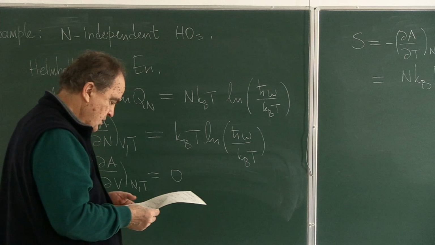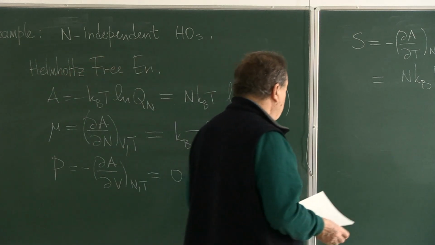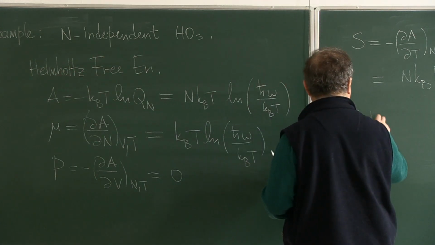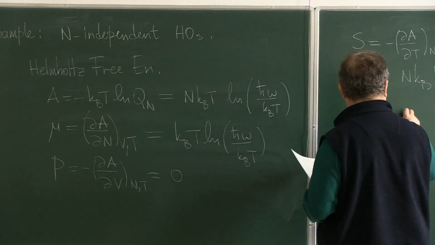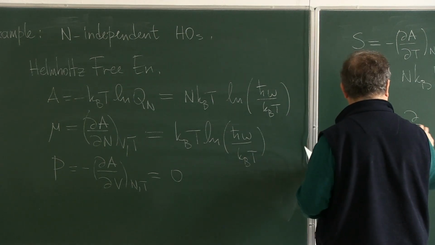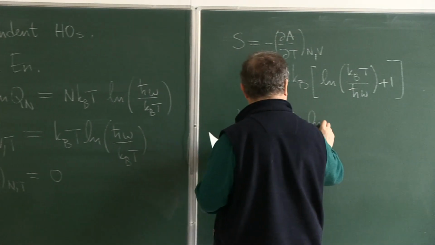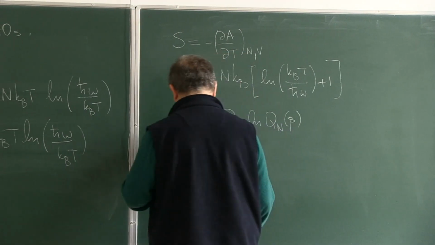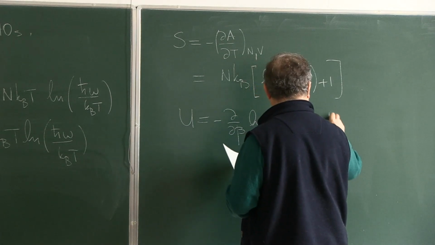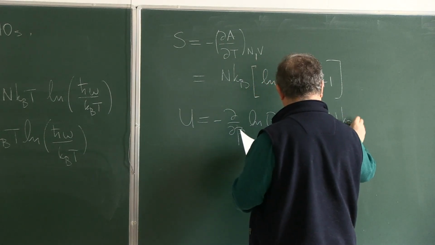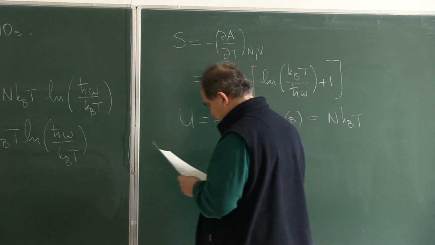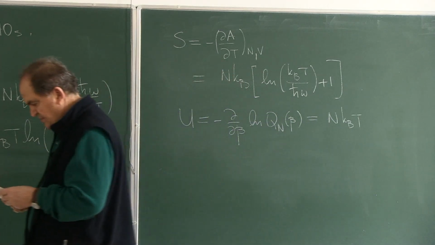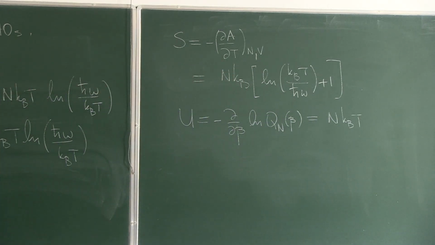Internal energy comes out to be, derivative with respect to beta of ln Q_N(beta), that comes out to be N kBT. You have to check these results.